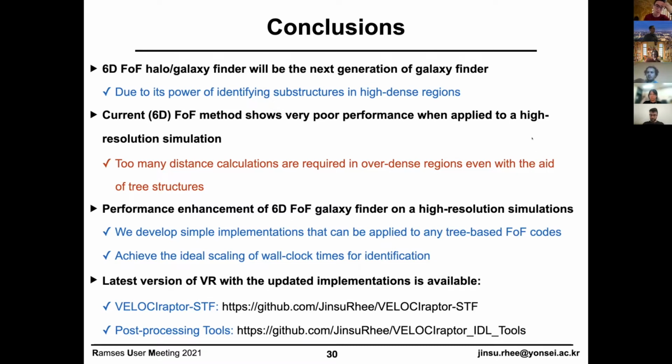I guess I take the code from the latest branch of VELOCIraptor, but I don't know if this is from Cañas's version or not. So I will check that. Okay. And then you're using the dark matter particles and the star particles. You're not converting the gas cells into particles, right? Yeah. Okay. All right. Thank you.